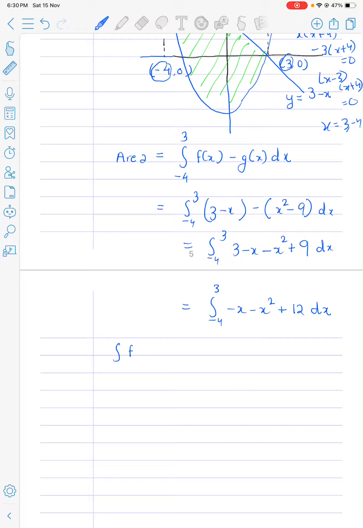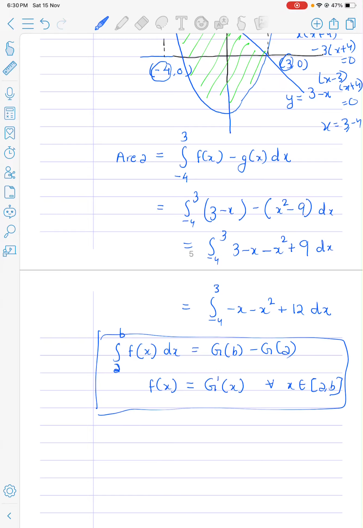Now again I will use the fundamental theorem of calculus.